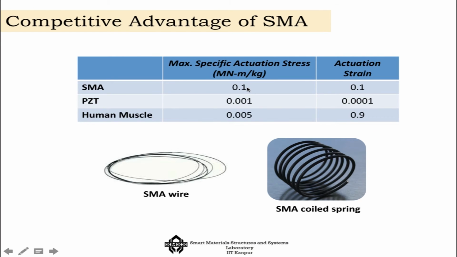You can see here that 100 to 1000 times, in fact more, you can get for the SMAs, and also in comparison to human muscle you can get a very high amplification, not as high as PZT, but still quite high. Once again you are coming up to 0.5 here, so it is slightly less than 100 times that you are getting through this.